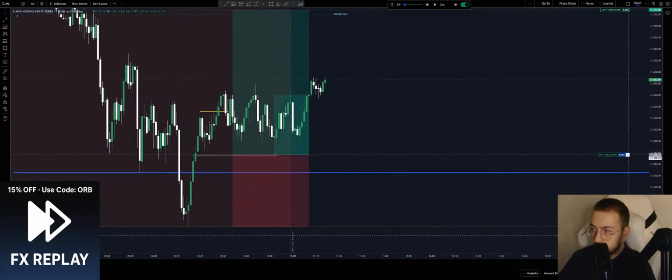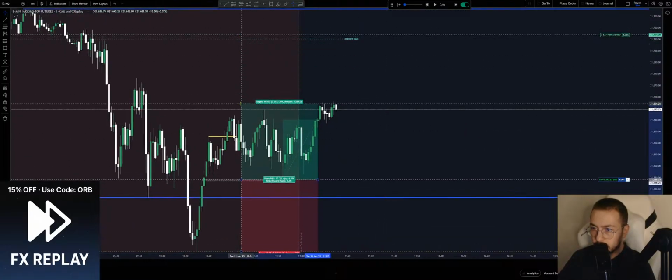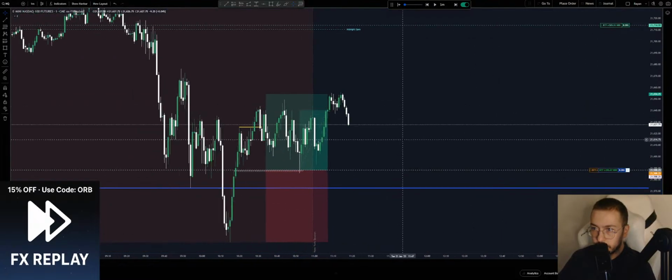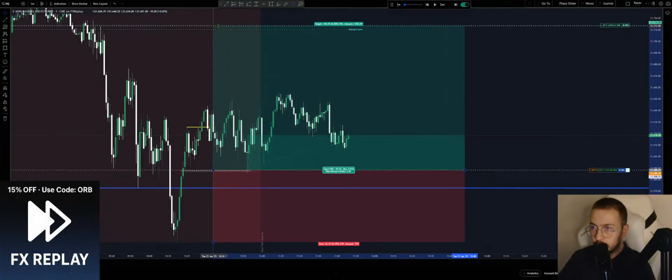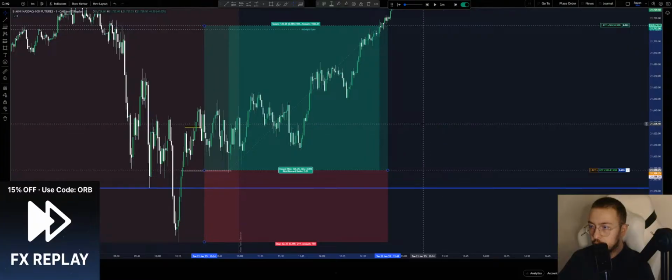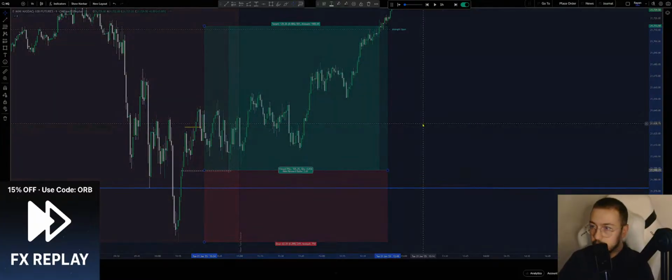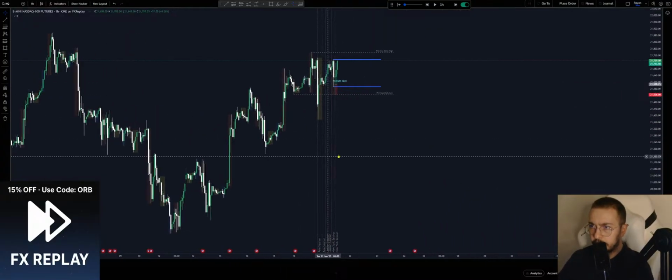Stop loss to break even. Wait, why didn't it go to break even? Maybe I forgot to adjust it, but that's a break even. Beautiful. Nice. So we are up 3R, I guess, so far. That's very good.